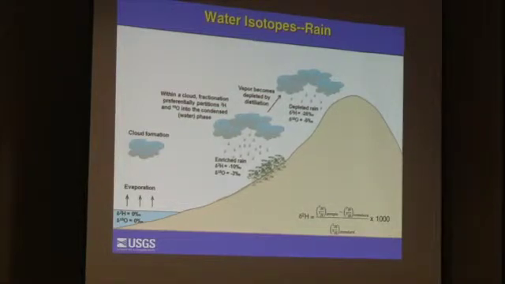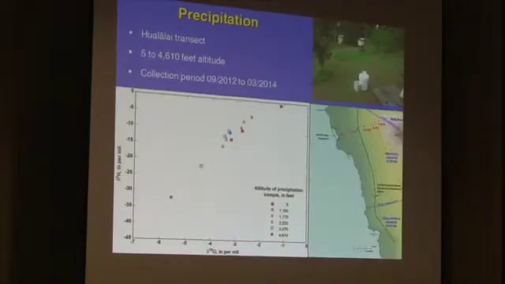But as you move up slope, due to fractionation and evaporation processes, the rain that falls on the land surface becomes more depleted in some of these isotopes, so that as you move further up slope, you get more and more depleted rain, so that the delta numbers actually get more and more negative as you go higher and higher in elevation. So that's just the background that you need to somewhat understand to look at the results that I'll show soon. Okay, next slide.